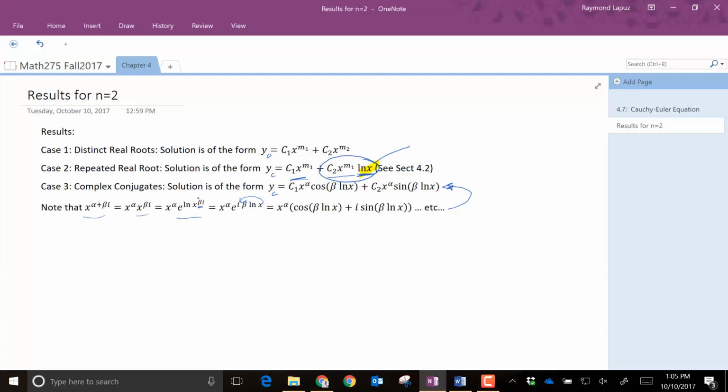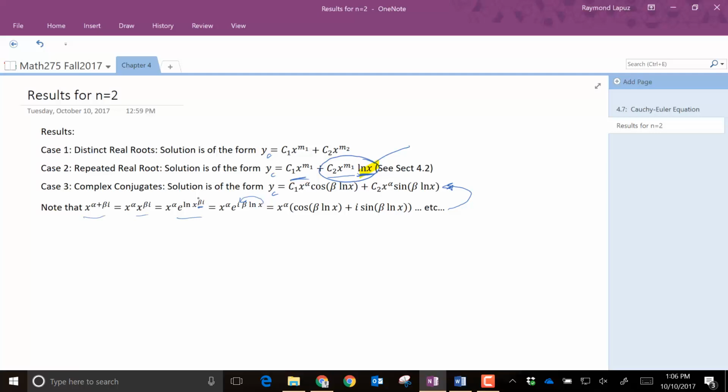That would just be 1 if you graph e to the ln x. That would be only 1 on the positive side. Because ln doesn't have zeros or negative numbers.